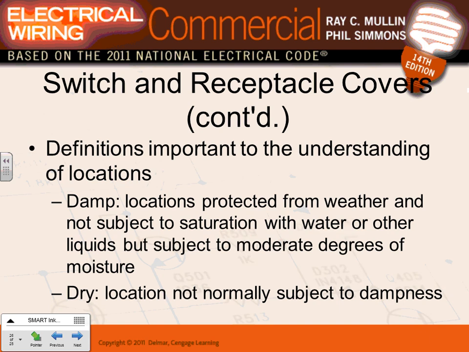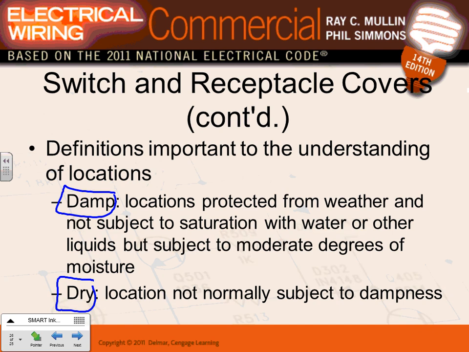Important. The rest of them, guys, go through the definition of a damp location and dry location, because the NEC code book says if you put it in a damp or wet location, you have to have a weatherproof receptacle. If you put it in a wet location, you have to have a weatherproof receptacle and an in-use cover.